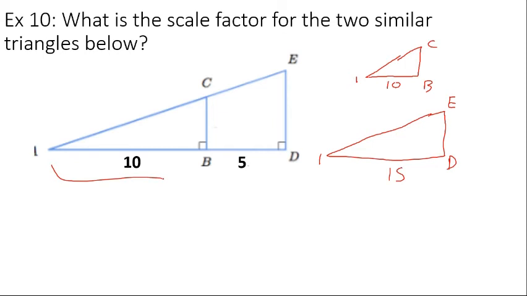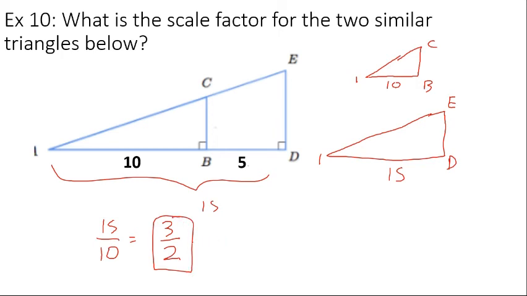So remember this whole segment here is 15. So I set up a proportion. I take 15 over 10, reduce it by 5, so I get 3 over 2. So 3 over 2 here is my scale factor.